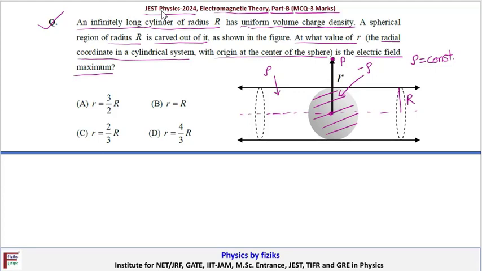Now at point P, the electric field will be found by applying the superposition theorem. At point P, we will first calculate the electric field due to the uniformly charged cylinder having charge density rho, and then due to the uniformly charged sphere having charge density minus rho. So let's take r greater than R, if we have an infinitely long cylinder.